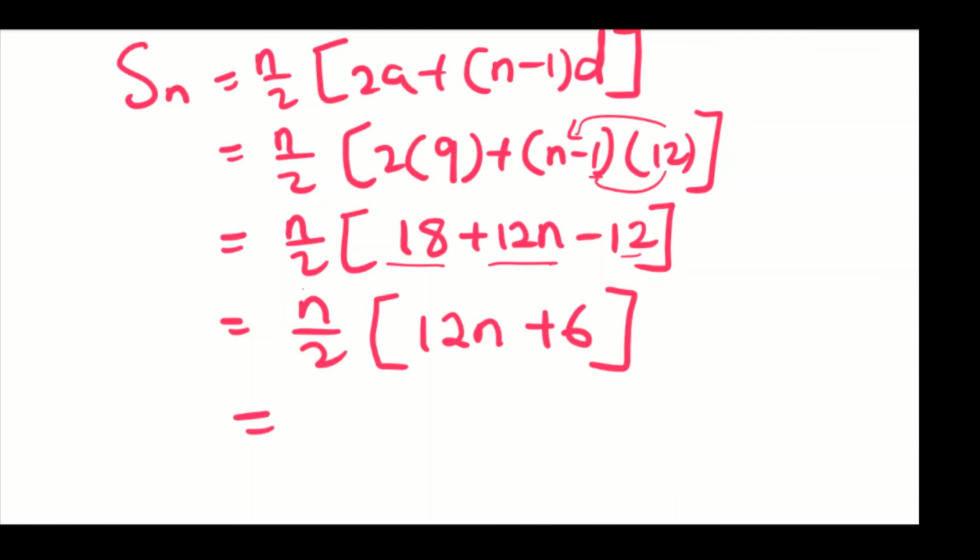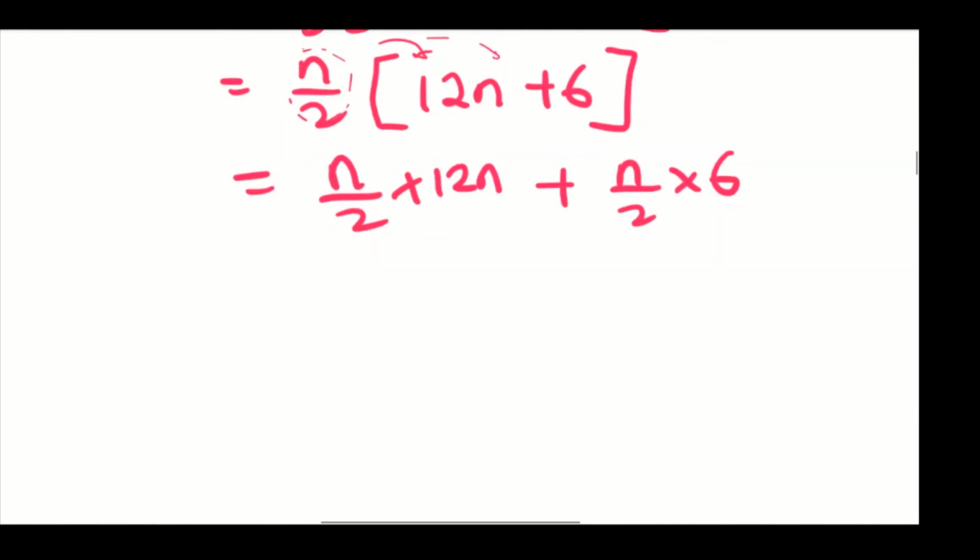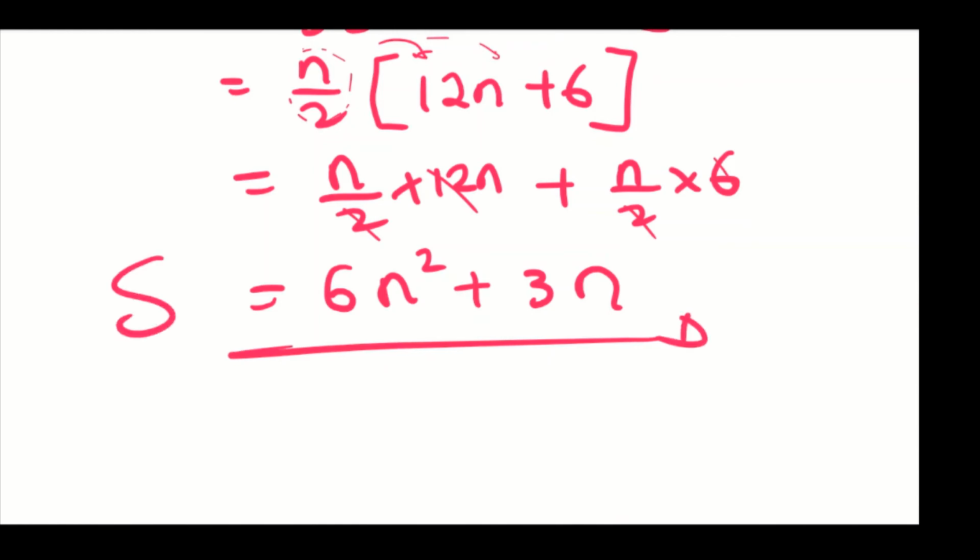So it's going to be n over 2 times 12n plus n over 2 times 6, right? So this 2 will divide from 12, then you get 6, and n times n is n squared, and this 2 will divide 6 to get 3, so it's going to be plus 3n. So this is the sum of n terms, so it's definitely equal to the one that we are given.